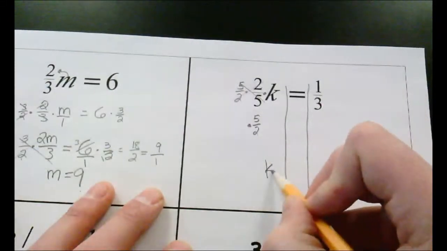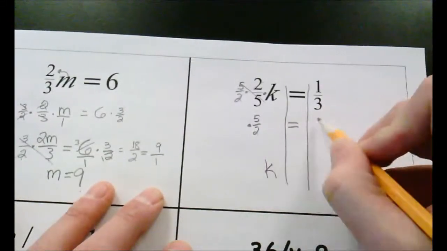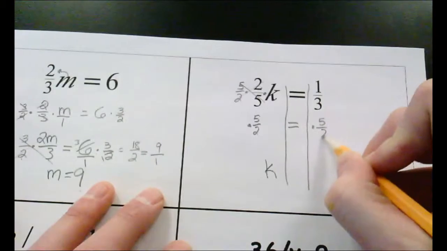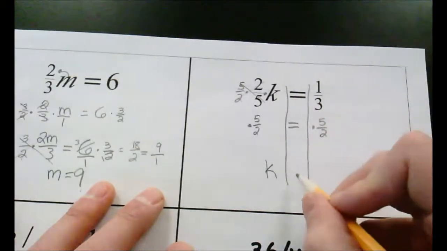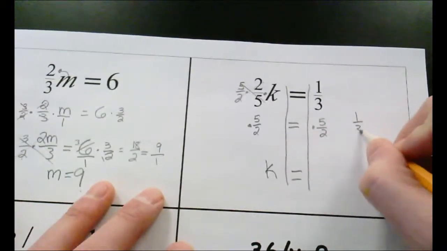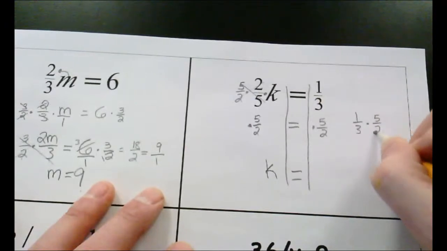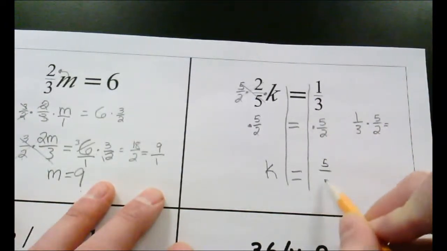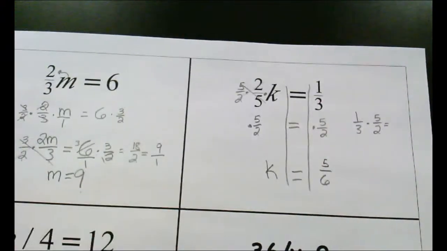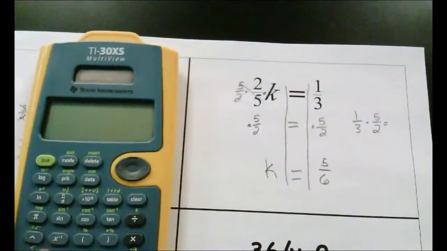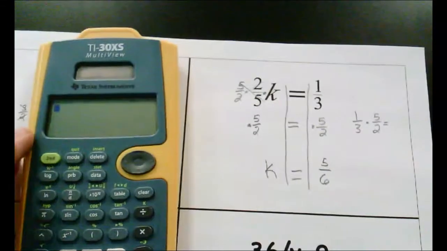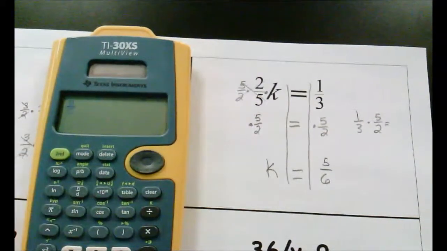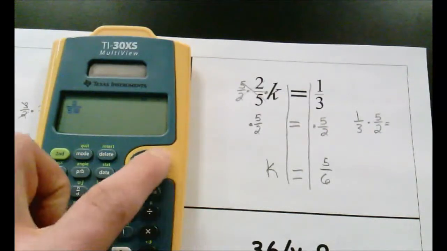I'm left with k, but what I do to one side, I have to do to the other. And this is where we're going to have to start showing some work. 1/3 times 5/2, and we multiply across, and we get 5/6. Now, I can always prove my answer. If I have a calculator here, I should just be able to type in 2/5.